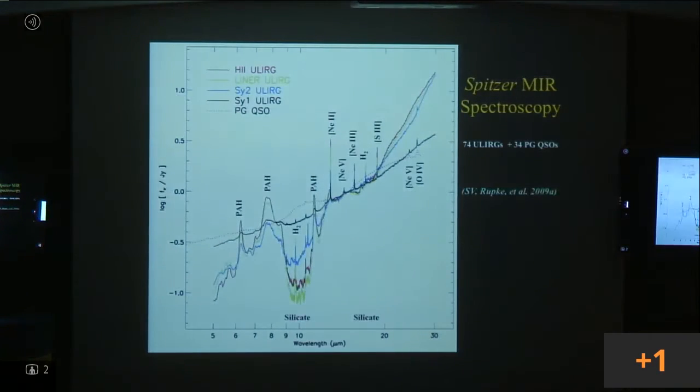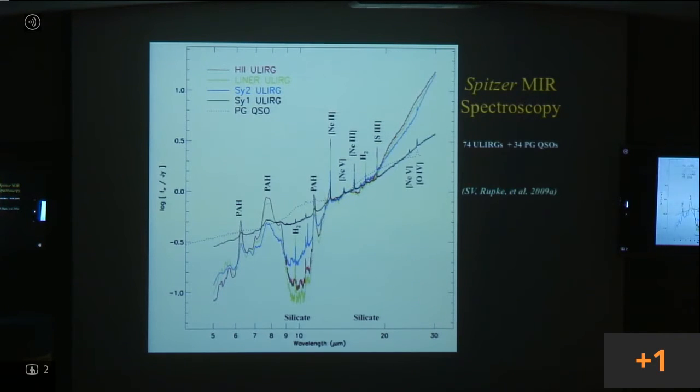We were lucky that Spitzer, of course, was launched. And so we observed the same objects we observed in the optical, but we did it with Spitzer. This is a paper that we published in 2009. So, mid-infrared spectroscopy. And this is sort of a summary of the diversity of the spectra that one gets on ULIRGs, local ULIRGs and quasars.